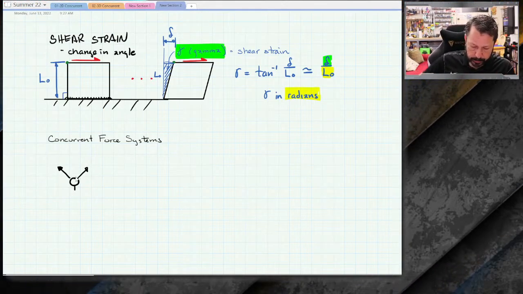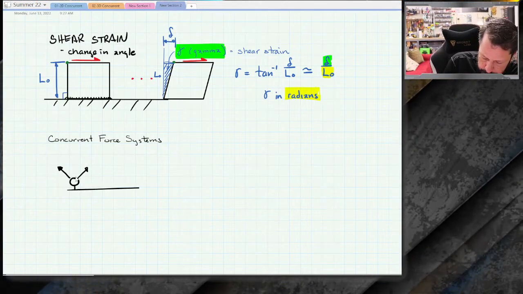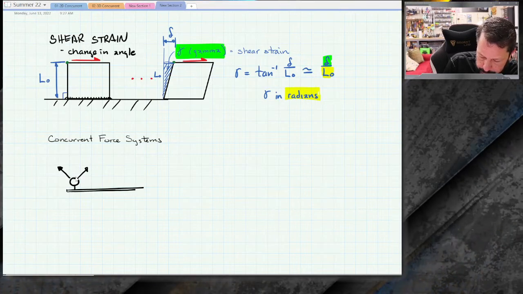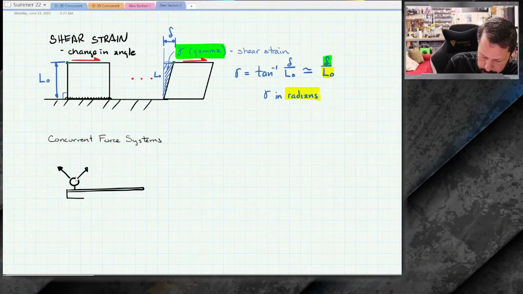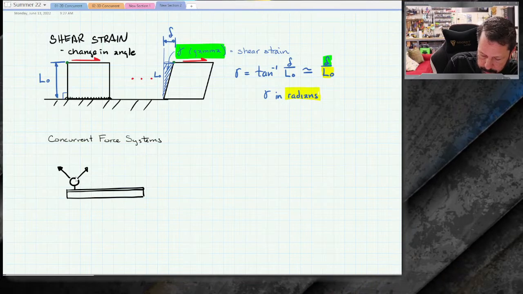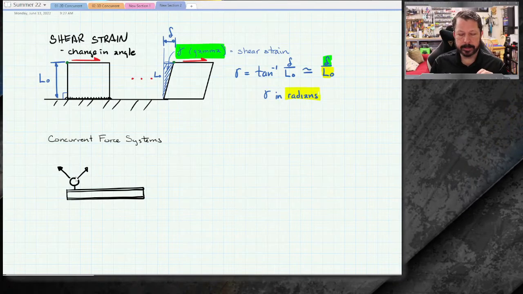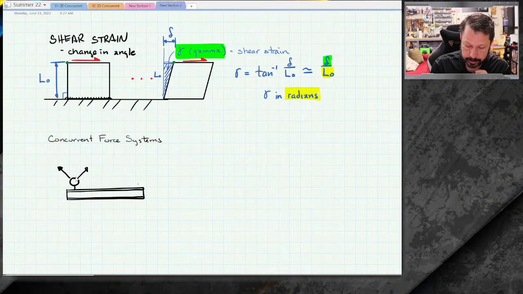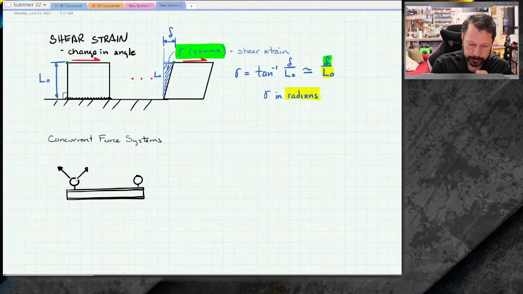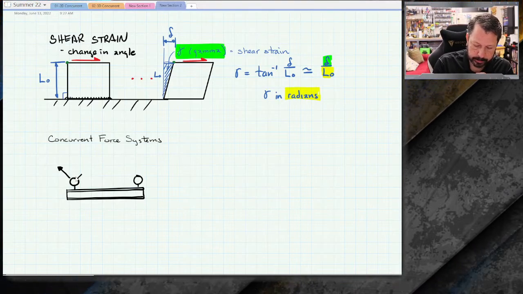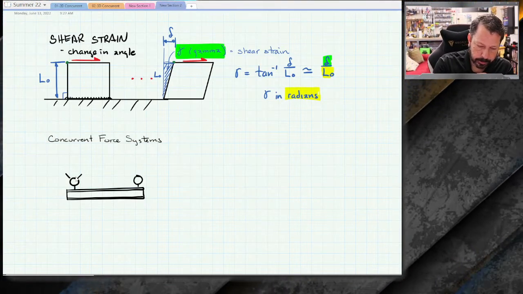But what if this ring was actually attached to some kind of beam, and this is my little I-beam that we're drawing, and it needs another support. So I need another ring over here. Let's change our forces to red. I like the red arrows for force.